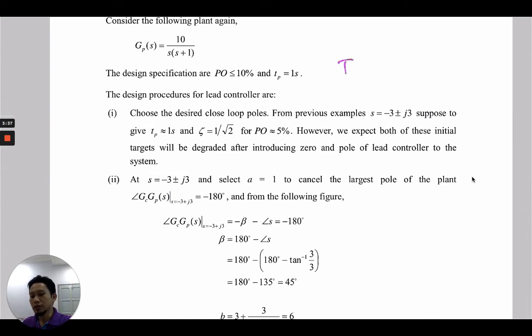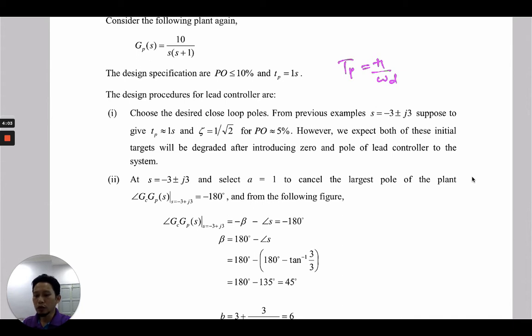As you can remember, the formula is something like this. Since Tp is 1 second, we decide the frequency, omega d, equals 3. We just arbitrarily put the real value at -3.